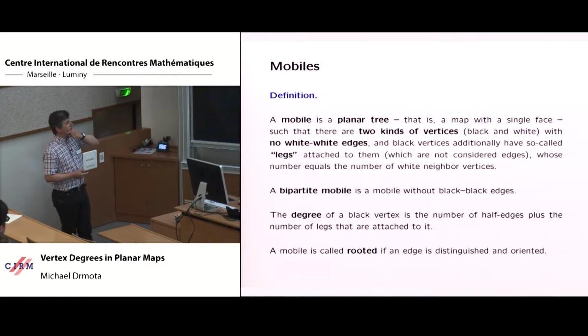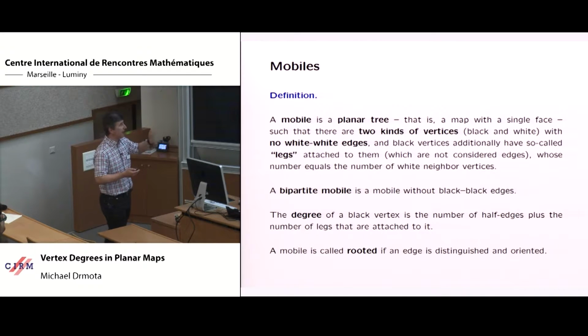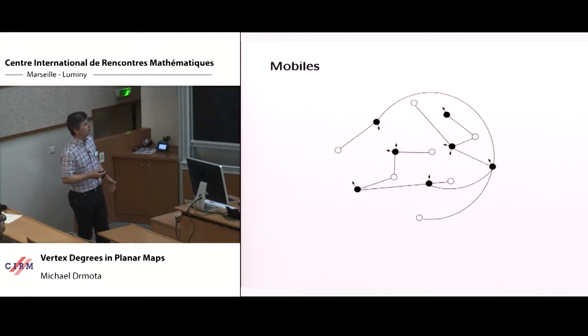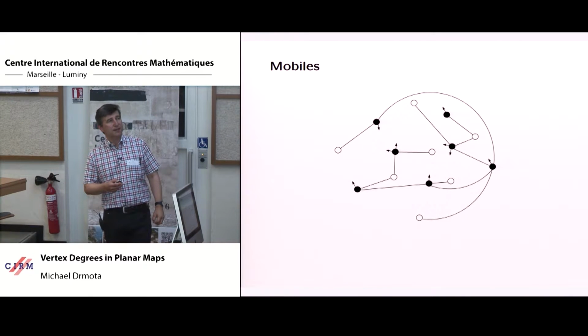And the black vertices also have something that are called legs or flags or whatever. So these are a kind of half edges, or maybe even shorter edges with some arrow. And there is a condition that the number of legs that you have at the black vertex is precisely the number of white neighbors.